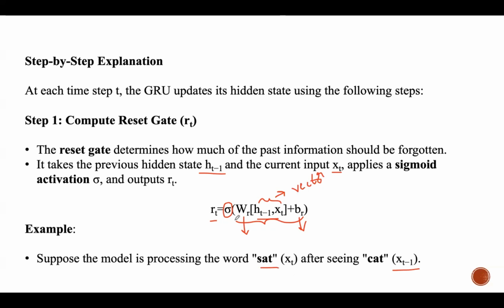So this reset gate r_t decides how much of the past context, which is related to cat, should influence the processing of the current input, the word sat. Say this word sat is highly dependent on the word cat, like in the sentence "the cat sat". So cat followed by sat we have.